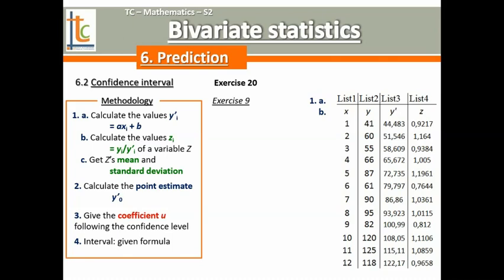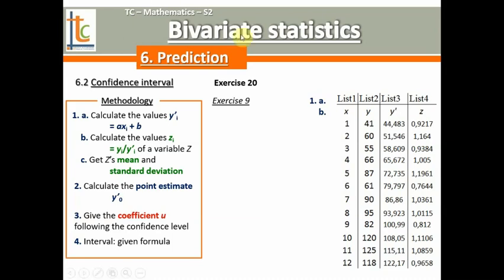In list 3, you must be able to ask your calculator to calculate the whole set of Y prime values. Y prime are all the values that can be calculated on the line. And if you have to consider the expression of the line, ax plus b.